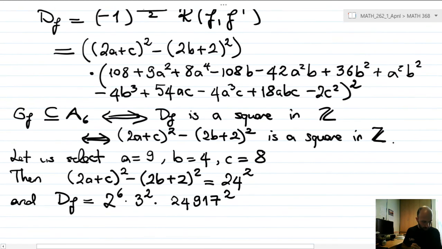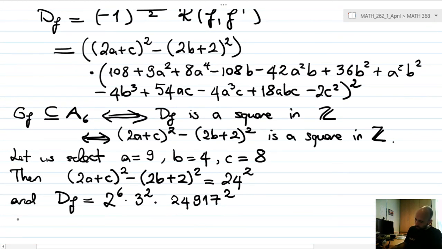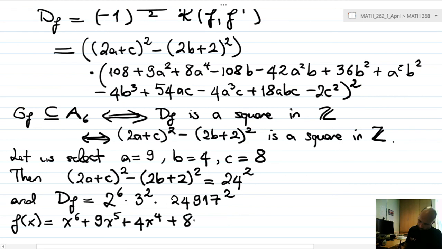Okay. So our polynomial now is this one, this palindromic polynomial.